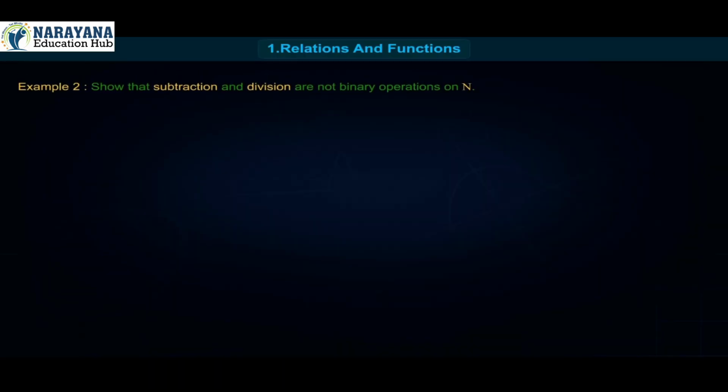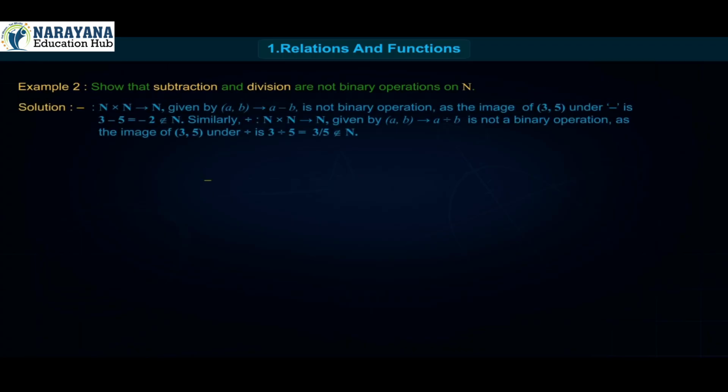Example 2. Show that subtraction and division are not binary operations on N. Solution.